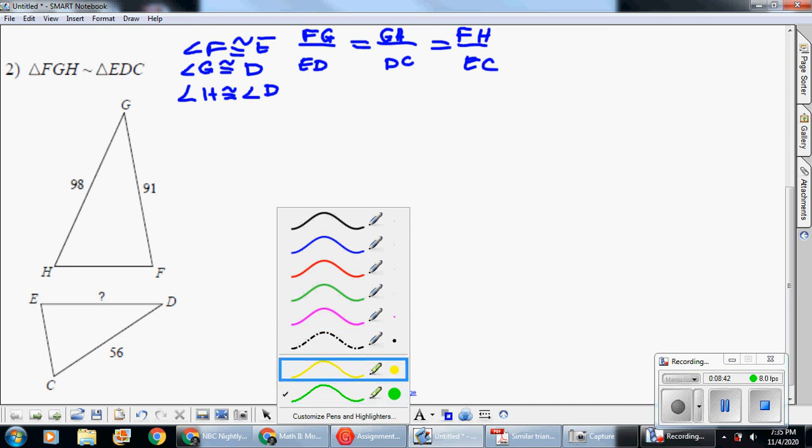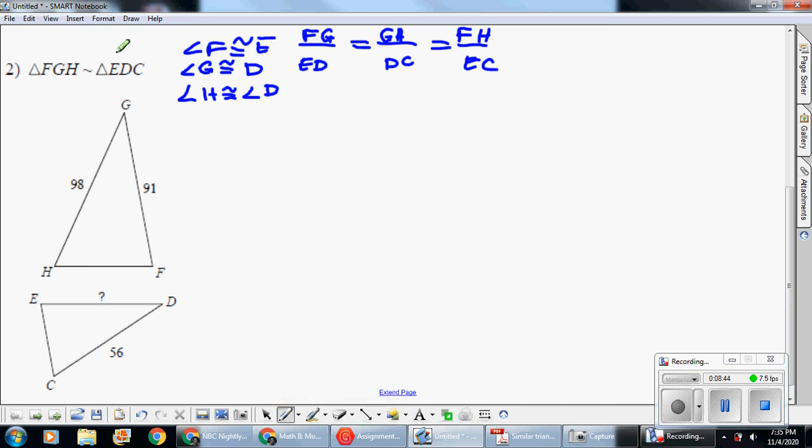Now they didn't give me any angles, so this information will not help me solve the problem. They gave me the sides, so this information will help me.